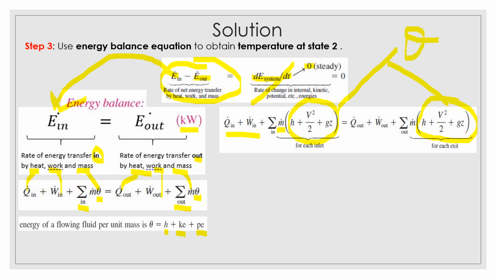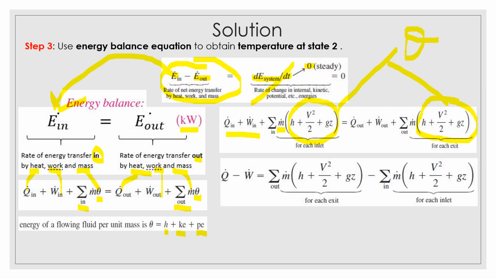After we insert the theta to replace it with the h, the kinetic energy and the potential energy, we rearrange the energy balance equation, where Q and W we put on our left hand side, while the others we put on our right hand side.